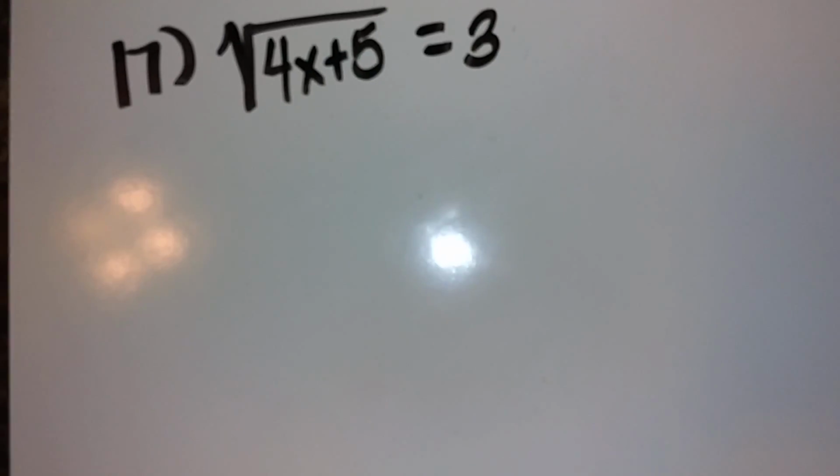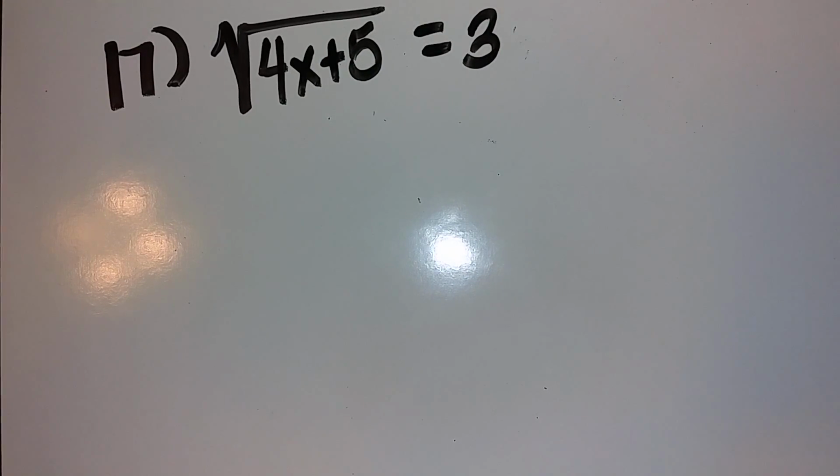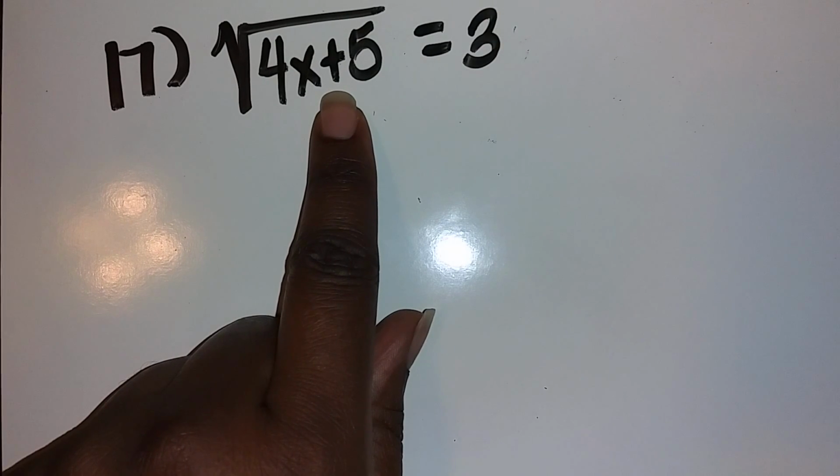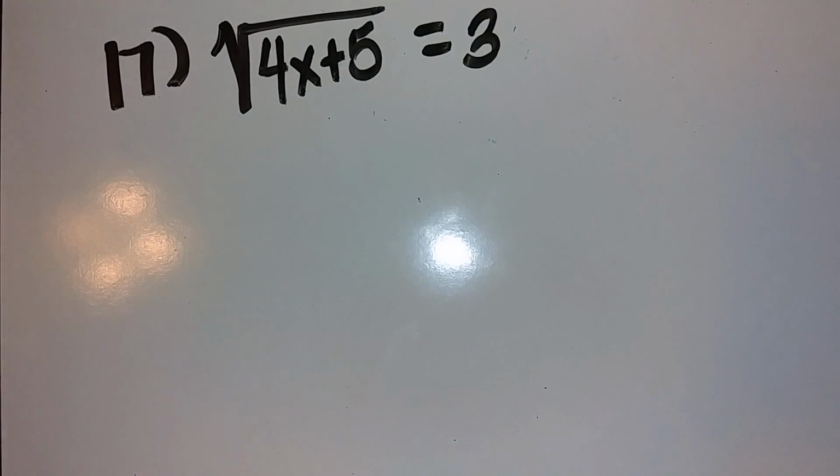And if you have looked at those 4 steps in solving a radical equation, the first thing says to isolate one radical expression on one side of the equation. If you notice, the square root of 4x plus 5 is already isolated and it equals 3. So we're good on that step.